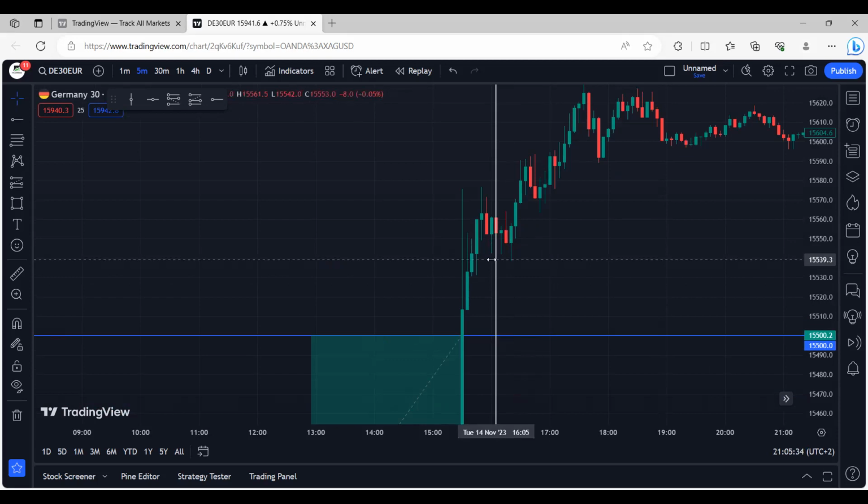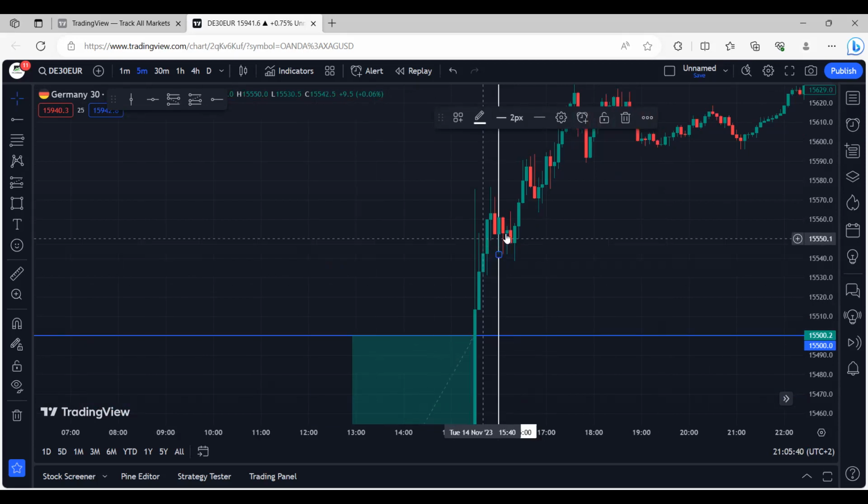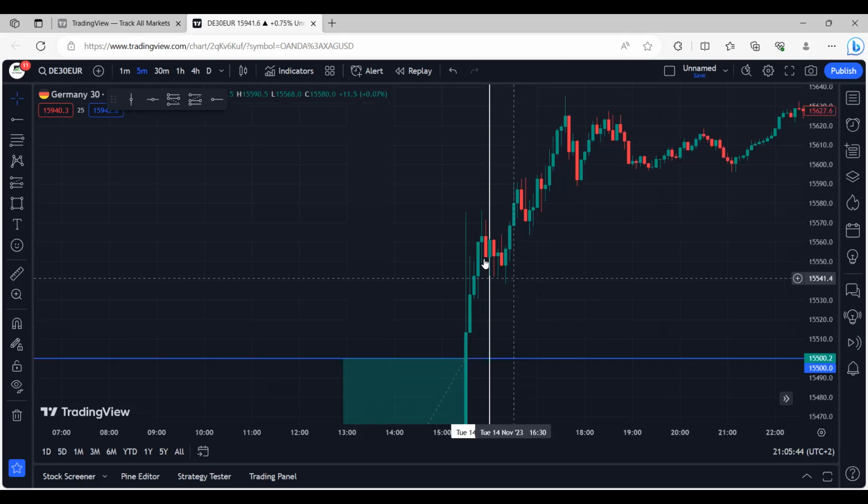But in this instance, the market is making a double bottom, right? Because on this very structure, it's making a double bottom. So it is our stop loss that will make a double bottom for us. So now our entry is going to be here, right?